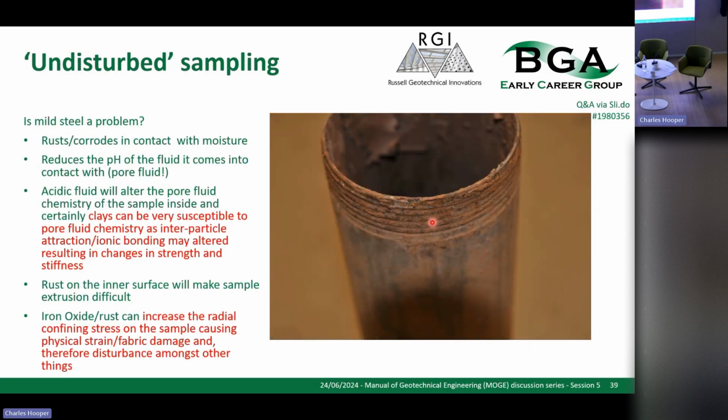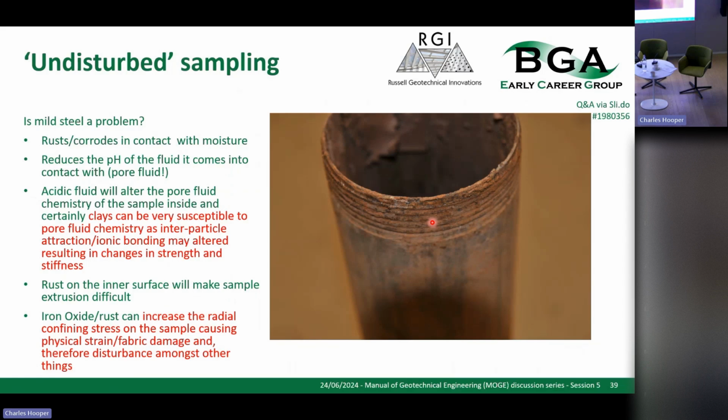Unfortunately, then some people had a very bright idea: okay, we won't use aluminium tubes, we'll use steel tubes because they're far stronger. This has, very unfortunately, brought a whole new world to, if I can call it, undisturbed sampling.